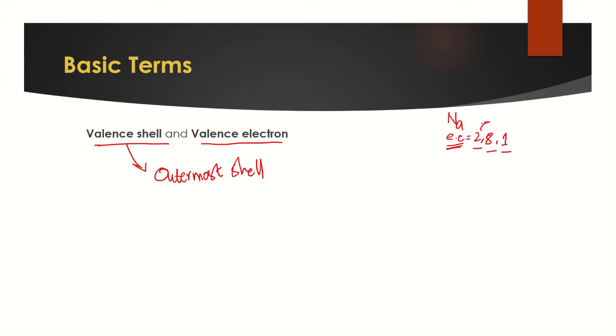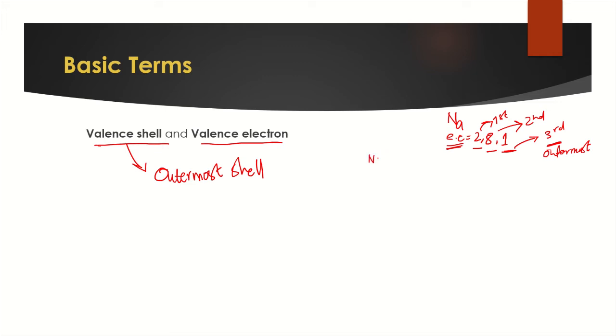That means the first shell of sodium atom carries 2 electrons, the second shell carries 8 electrons, and the last shell, or the outermost shell, carries 1 electron.